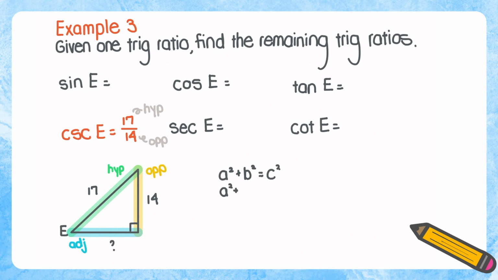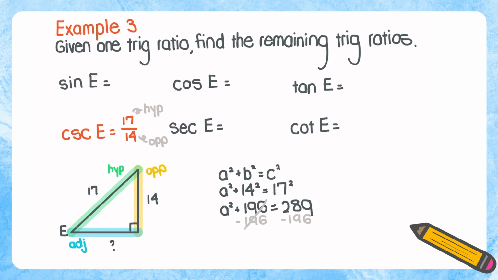I'm going to set b equal to 14 and c equal to 17. I have a squared plus 14 squared, that's going to be 196. And then 17 squared is 289. Let's subtract 196 from both sides.